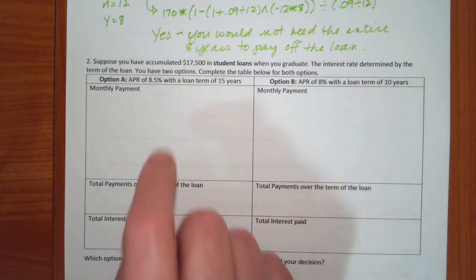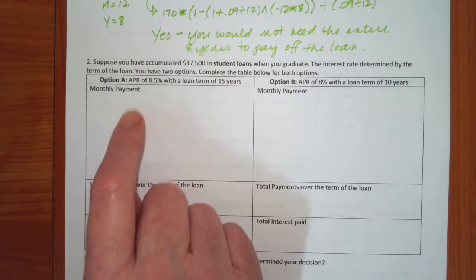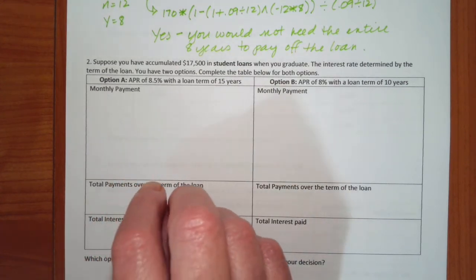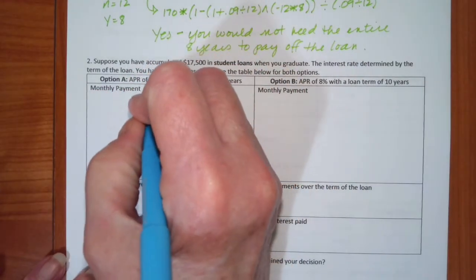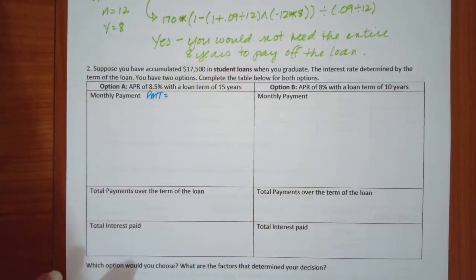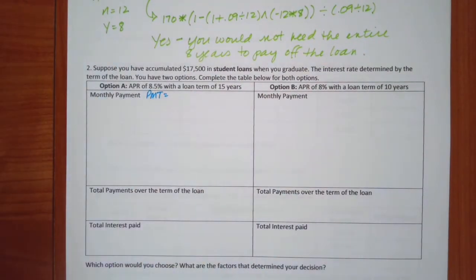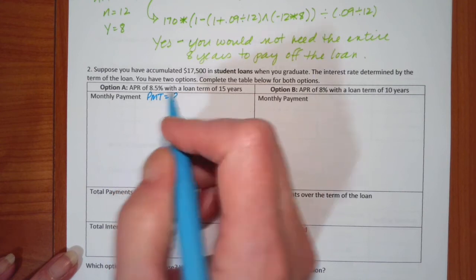Okay, so in option A, we want to find the payment. So I'm going to use the formula that calls for payment equals. Now, I did not leave quite enough room for this, but that's what I need to know.